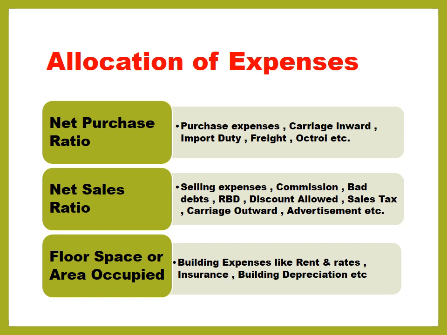Department B occupies 500 square feet. A 400, B 500, so the ratio will be 4:5. So on the basis of area occupied, or square feet, floor space, you distribute expenses of building.